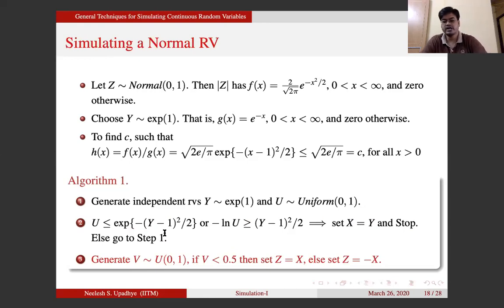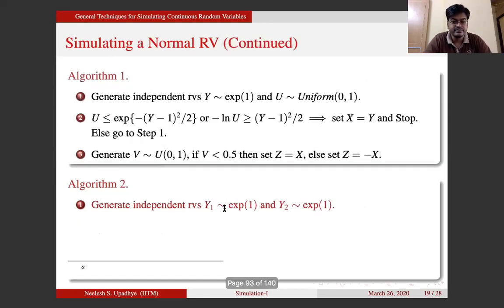Now let us go back again with the observation that minus ln U is an exponential 1 random variable. So can we do better here? Instead of simulating a random variable with uniform distribution, as in our previous algorithm, you can as well simulate a random variable with exponential 1 distribution. It takes the same effort, it's just the log transform that you have to take.